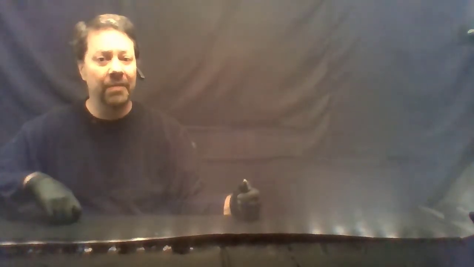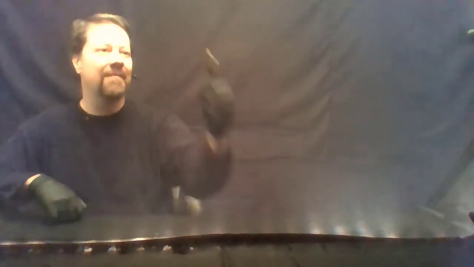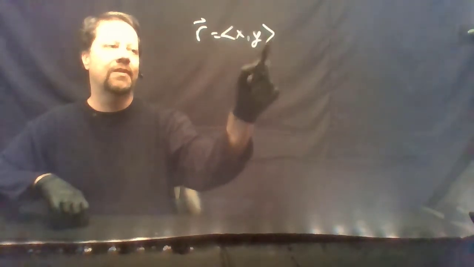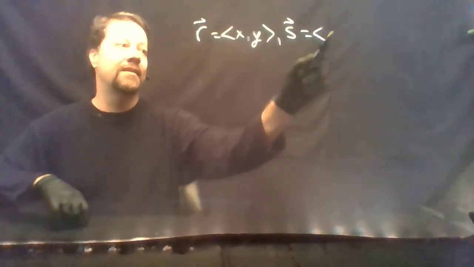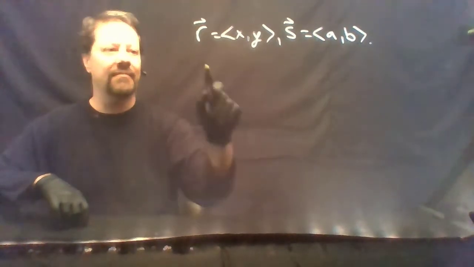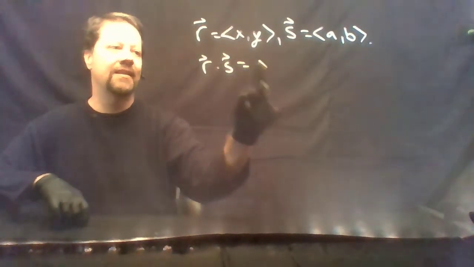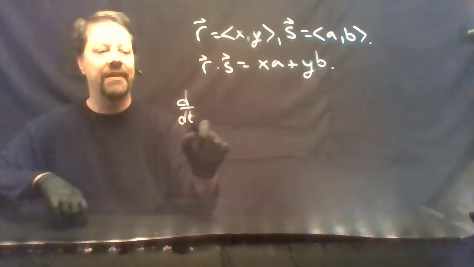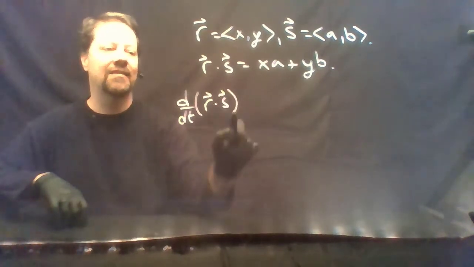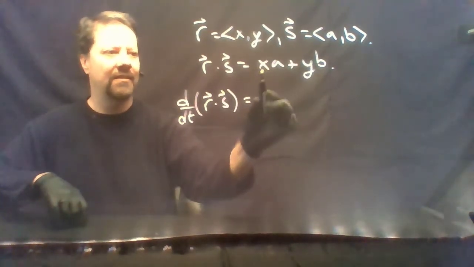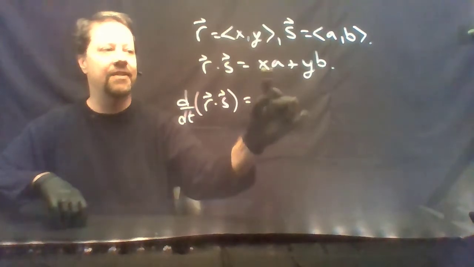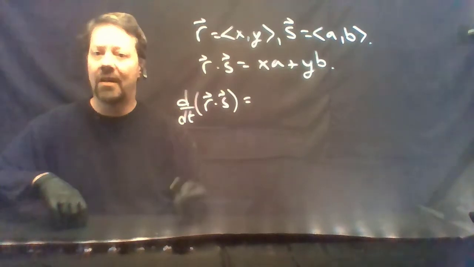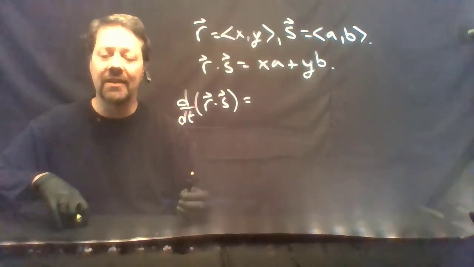We probably should prove at least a couple more of those properties. First, suppose that r is (x, y) and s is (a, b). Then r dot s is xa plus yb. So what is the derivative of r dot s? Well, we take the derivative with respect to t of each of these scalar-valued functions. Those being scalar-valued, all we have to do is apply the product rule from Calculus 1.